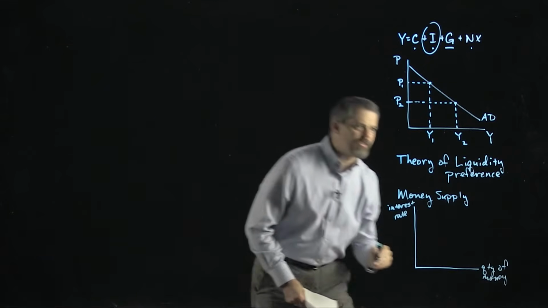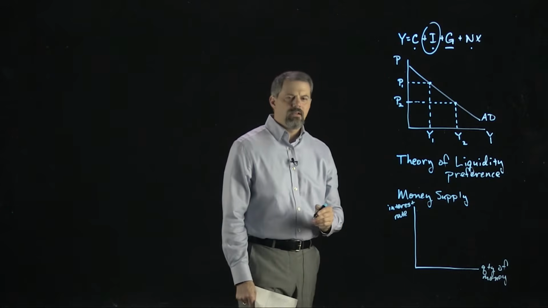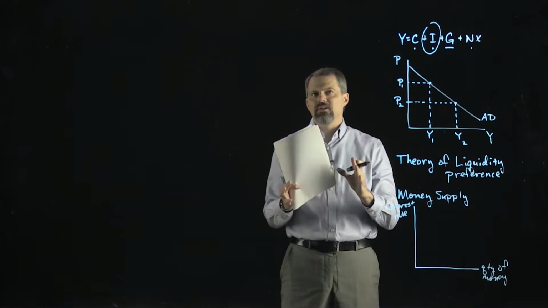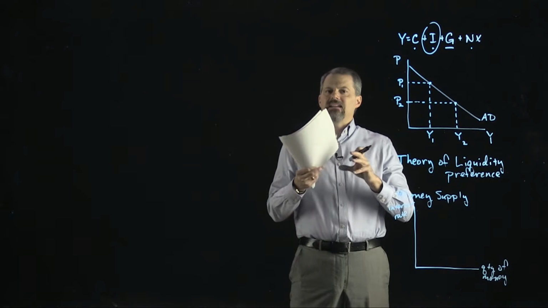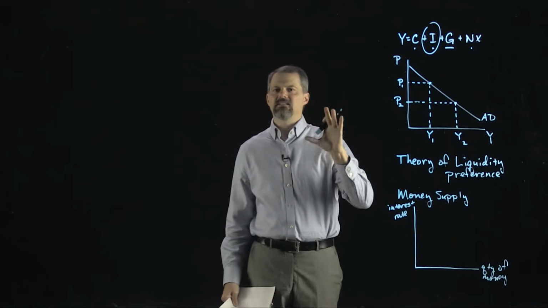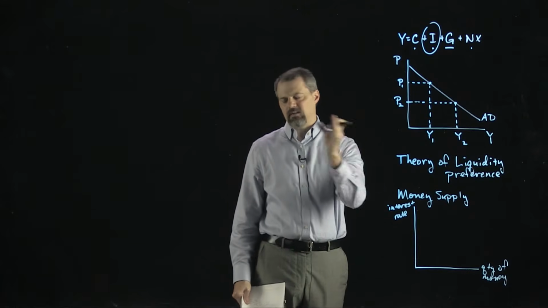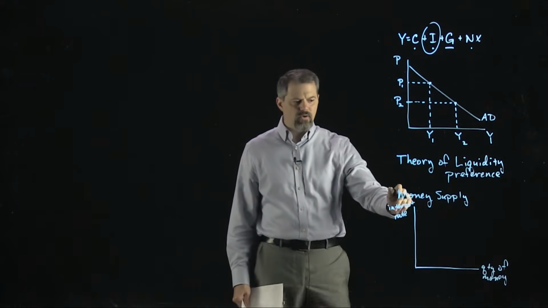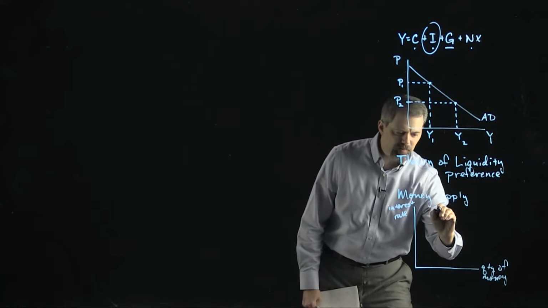Now this is money supplied that we're thinking about. And the quantity of money that's available out there, the money supply, we're going to act like it's completely controlled by the Fed. Now we know that the Fed does not have complete control over it. We talked about that earlier in the semester. But we're going to pretend, to make this simple, that they do.